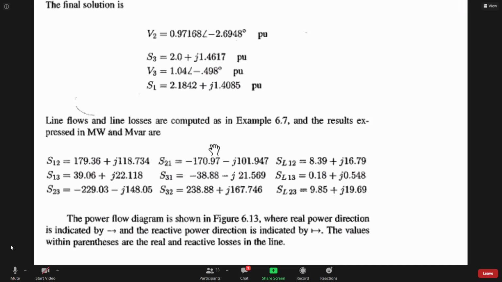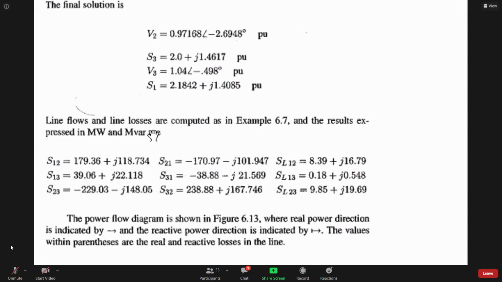Like current, if we consider the current case, I12 is the same as I21, in negative polarity. But here, I think it is power loss. Yes, power loss. Power loss will generate that deviation.